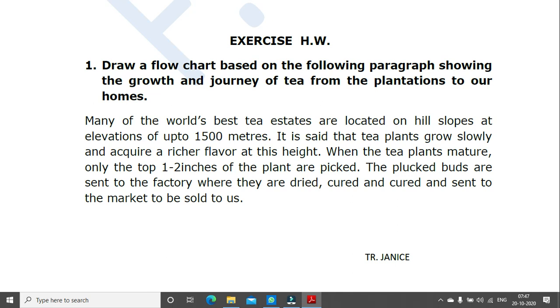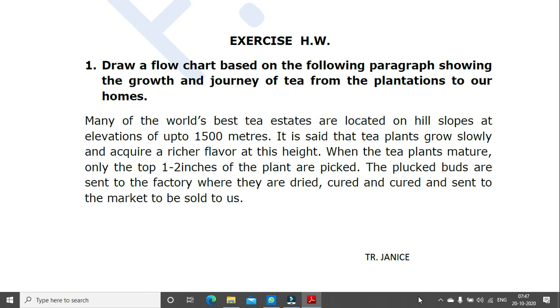It is said that the tea plants grow slowly and acquire a richer flavor at this height. When the tea plants mature, only the top 1 or 2 inches of the plant are picked. The plucked buds are sent to the factory where they are dried, and sent to the market to be sold to us.